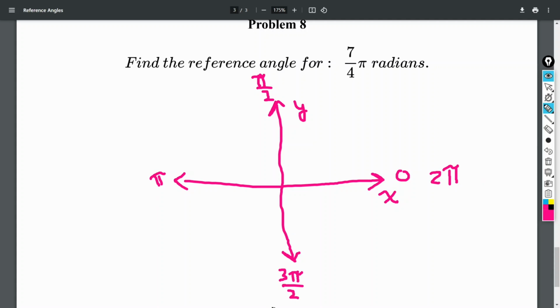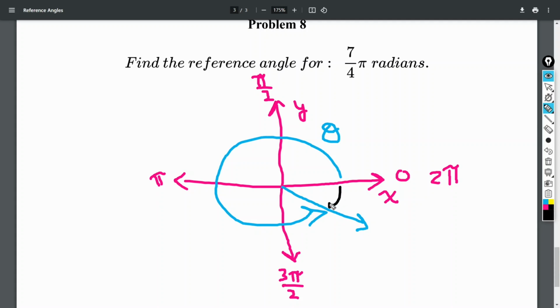Well, 6 pi over 4 would be the same as 3 pi over 2. So we're past that, but we're not a full 2 pi. 2 pi would be 8 pi over 4. So we're into quadrant 4, somewhere in here. And our regular angle, the 7 pi over 4, is that. And our reference angle is this.